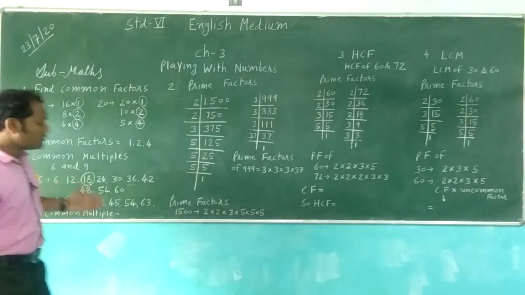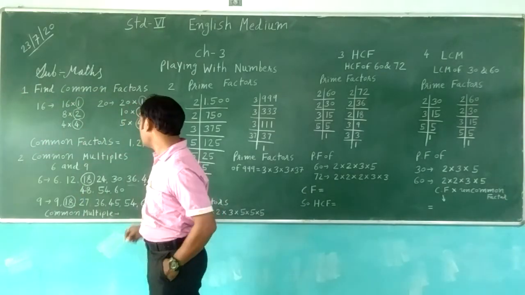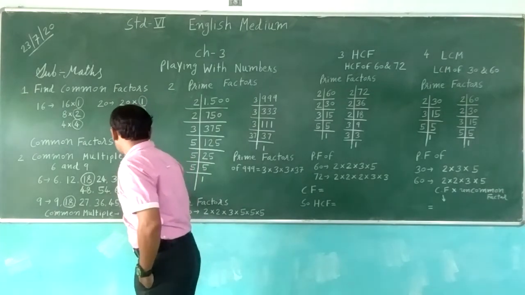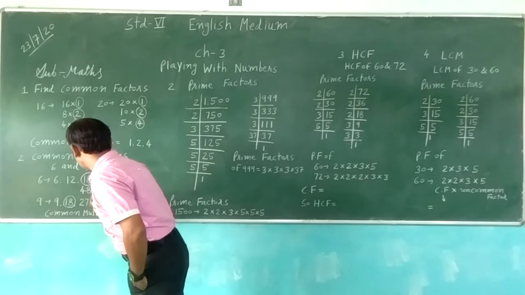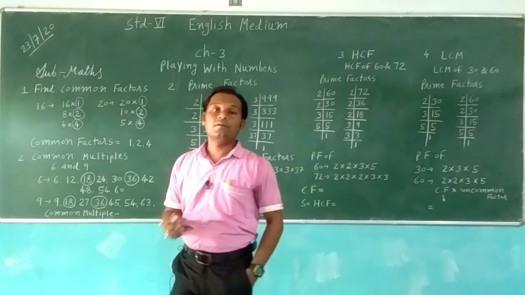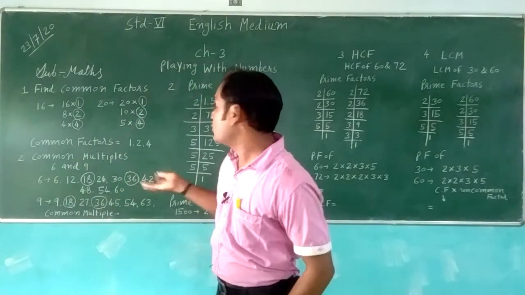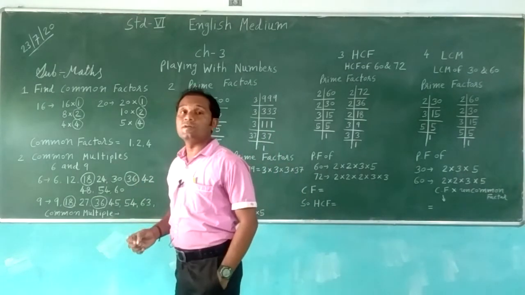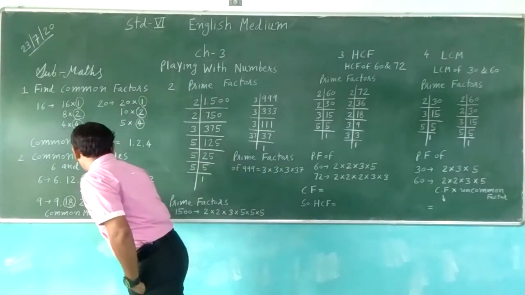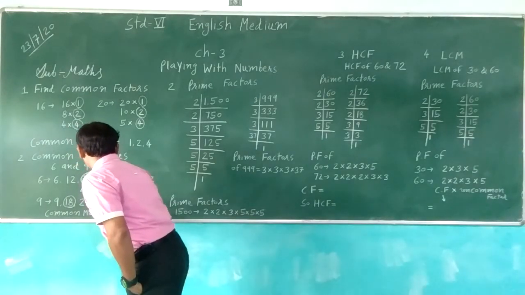Next, which number is common? That is 36. You can see the number 36 is common in both. So we'll circle 36. And one more number is common, that is 54. Here also given.